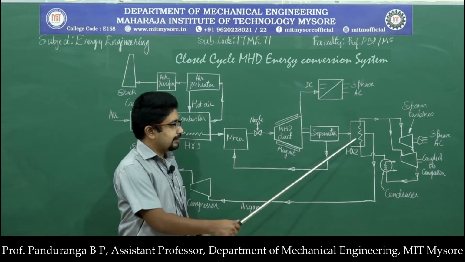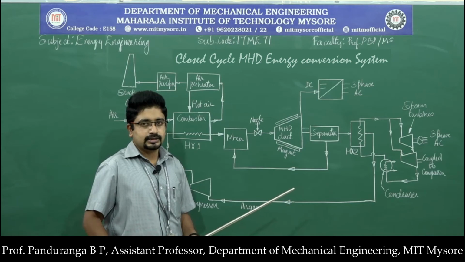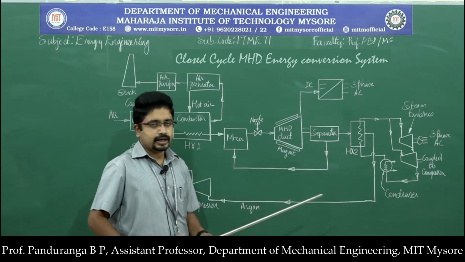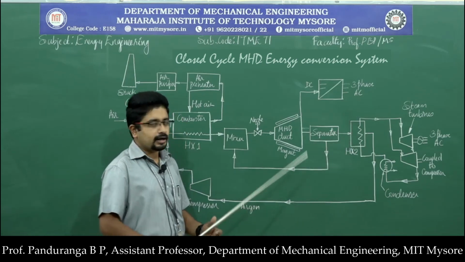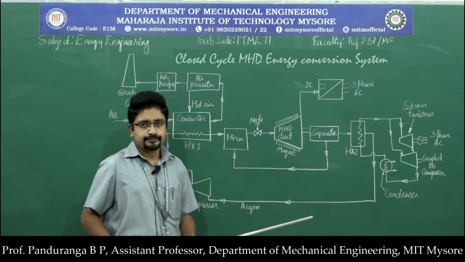After the separator we have heat exchanger 2. Again it is a shell and tube heat exchanger where inside the tubes the water will be flowing and outside the tube the hot argon gas will be flowing.